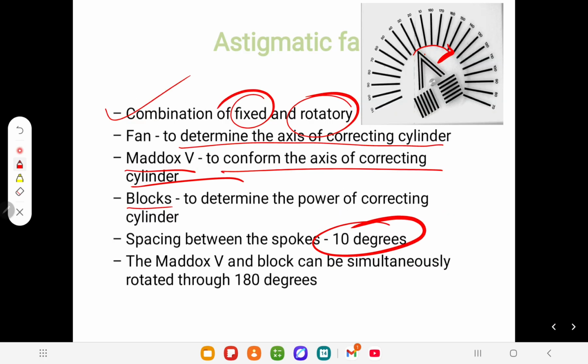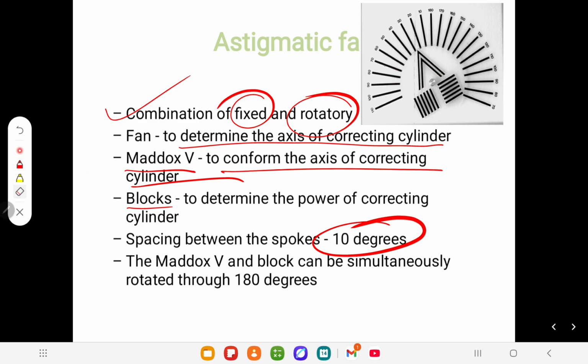It means we have to think about these two as separate wings of the V, and whenever we get one more darker, then we have to rotate this Maddox V towards the faintest side, away from the darkest, until the two limbs have equal contrast.